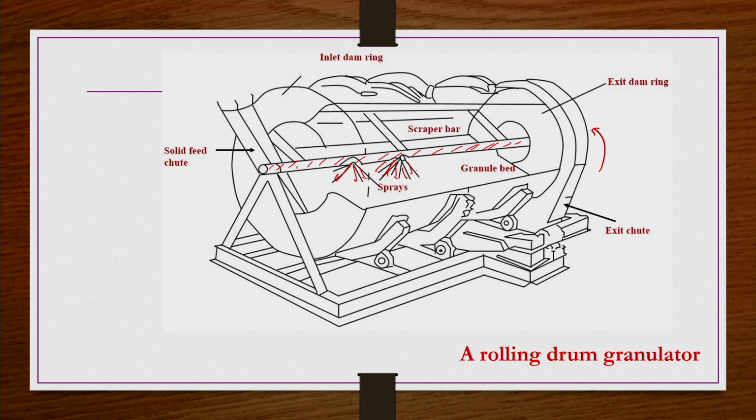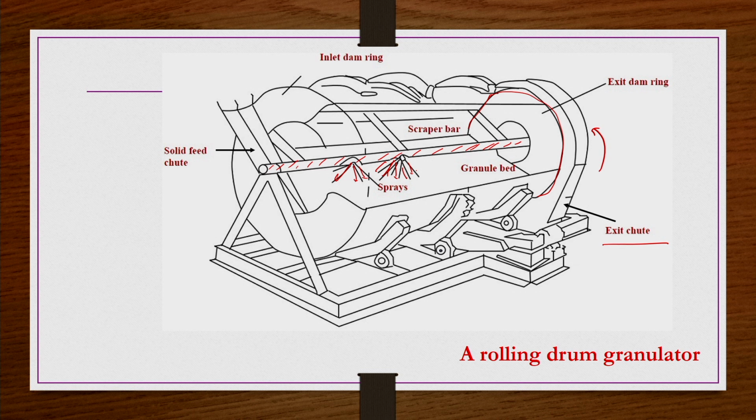The particles move from one level to the other, and the product is taken from these exit chutes here, whereas what is shown here is known as the exit dam ring. Several rings are there in between. This is in general the way the rolling drum granulator operates.